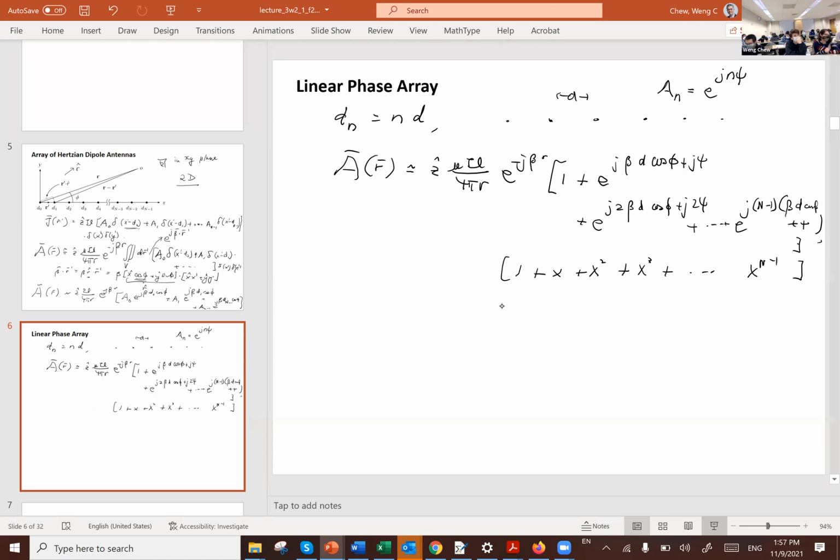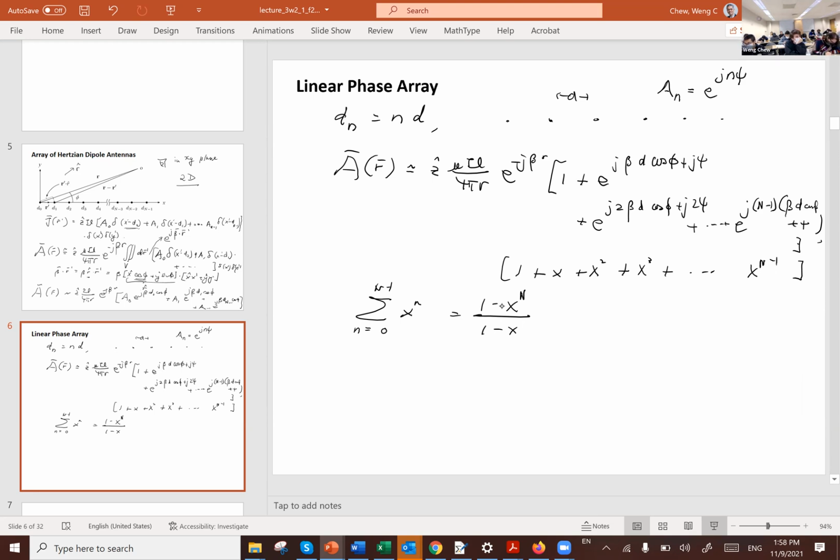We learned that when you have the sum of x to the n, for n from 0 to n minus 1, it will be 1 minus x to the power n over 1 minus x. So if you do this, then you can sum this in closed form.